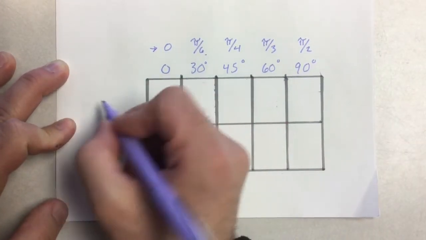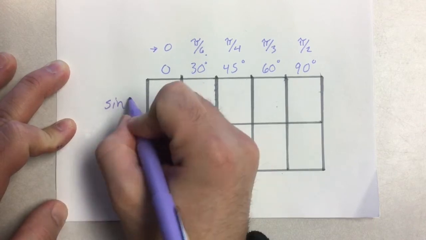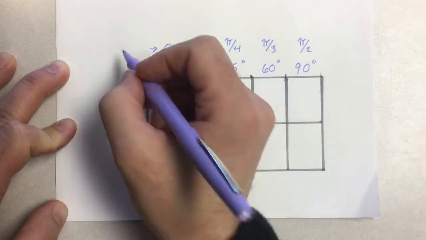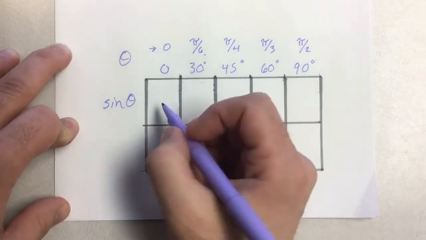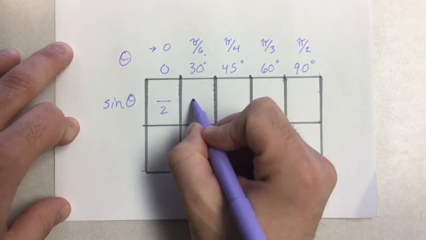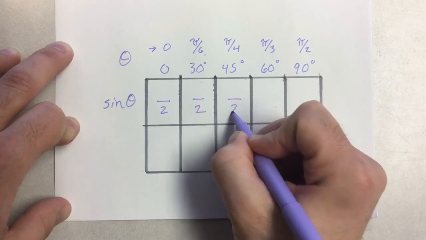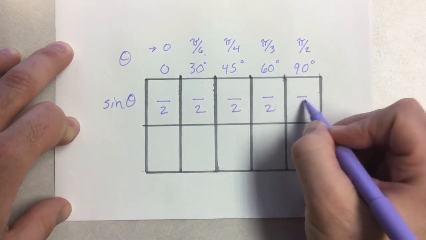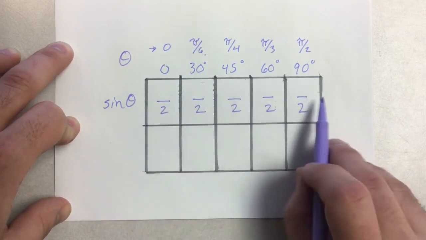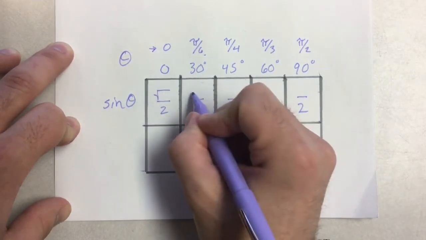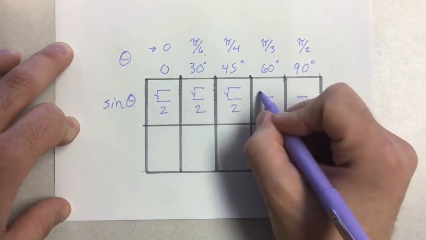So for this table, I want the sine of theta, where the thetas are our angle measures. In this table, each entry is over 2, and the numerator, we're square rooting in every entry.